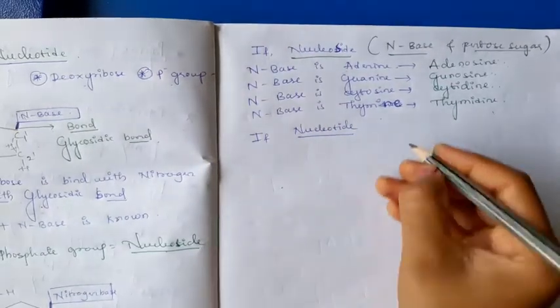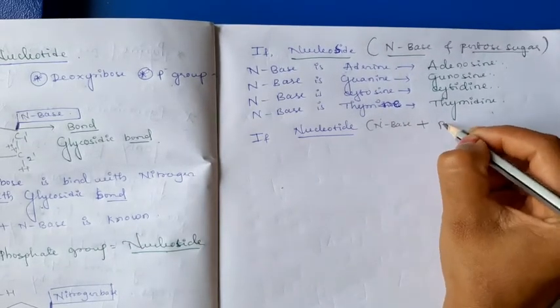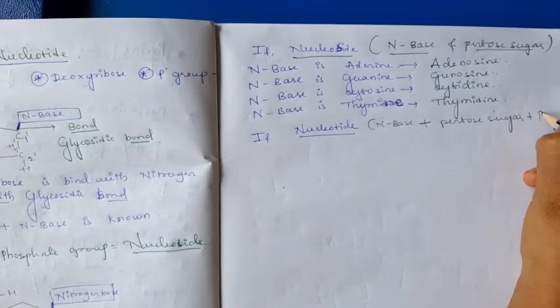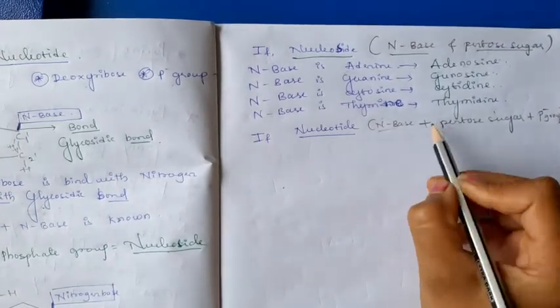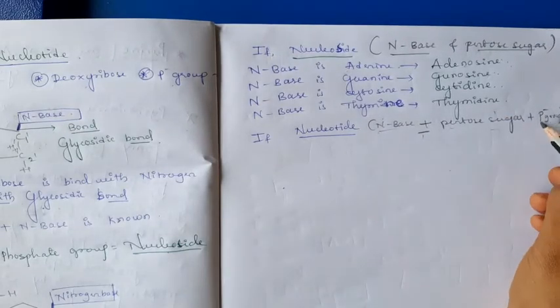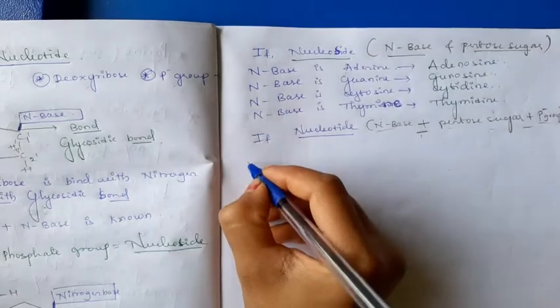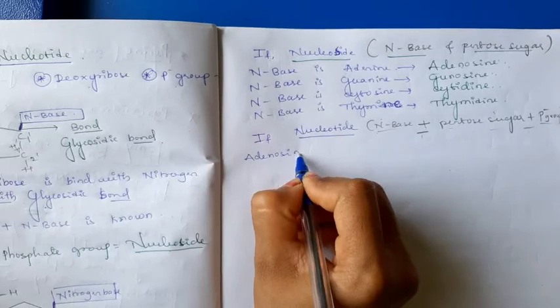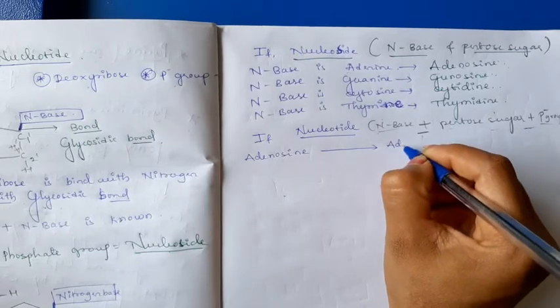Okay, suppose in a nucleotide, nitrogen base plus pentose sugar plus phosphate group is present. Here in between the nitrogen base and pentose sugar is the glycosidic bond, in between the pentose sugar and the phosphate group, that is a phosphoester bond. Here I will write for adenosine, that is a nucleoside, adenosine converts into adenylic acid.